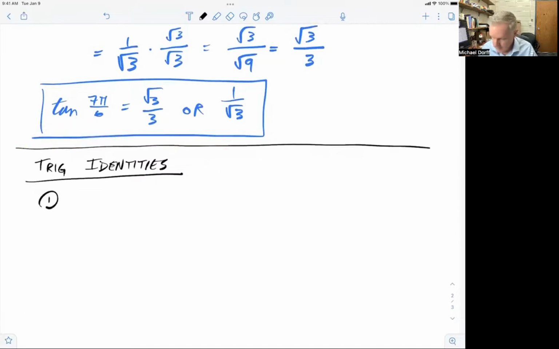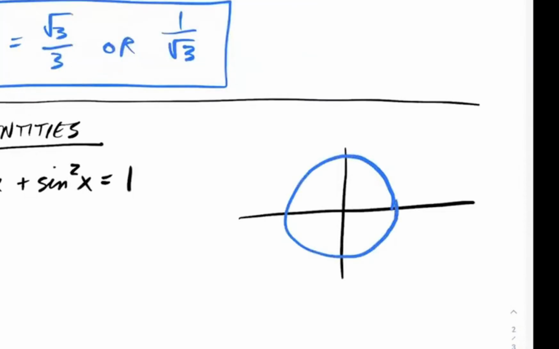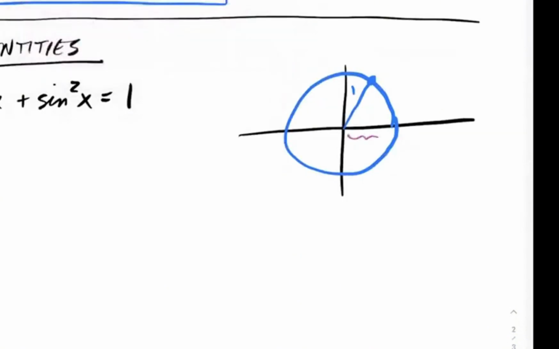So number 1, you should know that the cosine squared of x plus the sine squared of x equals 1. Where does this come from? Well, remember, we're dealing with a unit circle here, and we've got a point on the unit circle of radius 1. This length down below here is the x value, the cosine x value, and this is the sine x value.